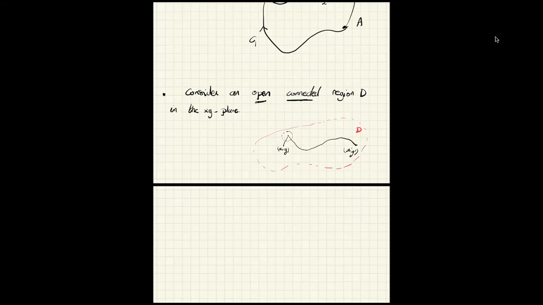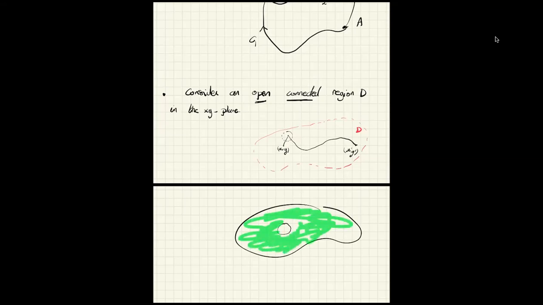For example, if I have a region with a hole here, this is connected. It's not simply connected, but it's connected. And we'll see down the line what it means to be simply connected.